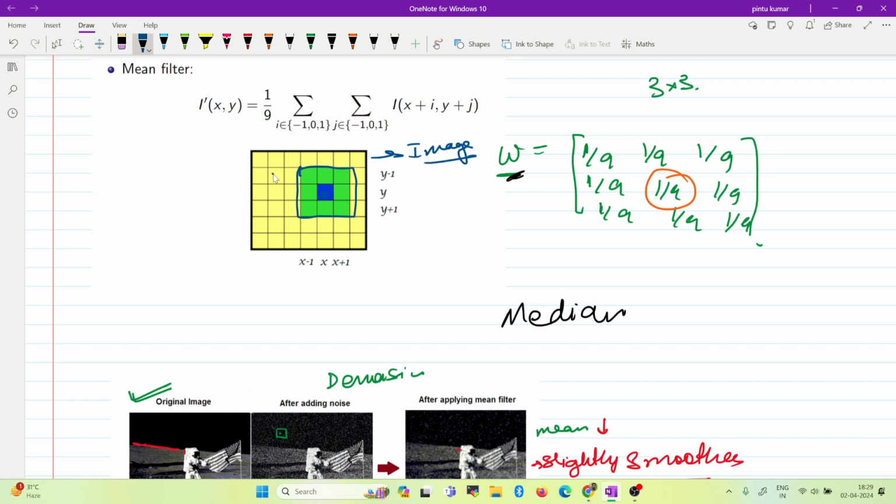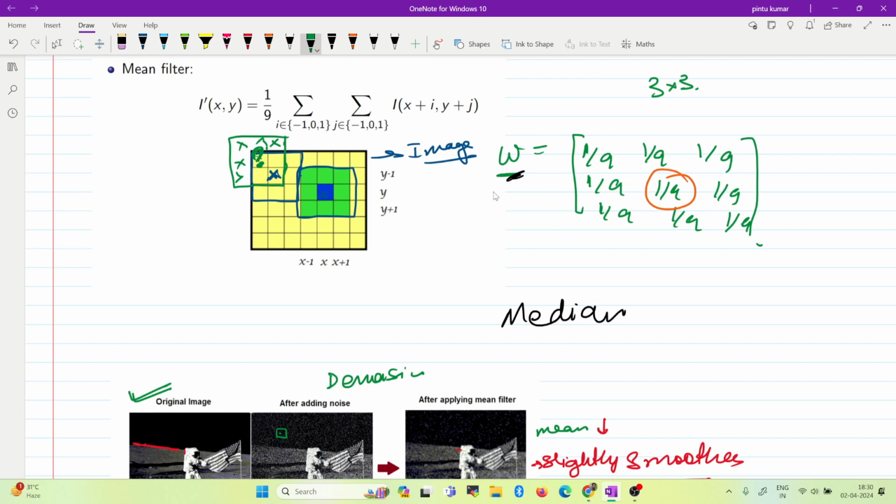If you place your blue point over here, you can still get a 3x3 and obtain the result. But what about this particular point? If you take this as your middle point, then placing a 3x3 box will go outside the image, and you don't know these values. These values are not available to you. Then how do you apply your filter at these points?